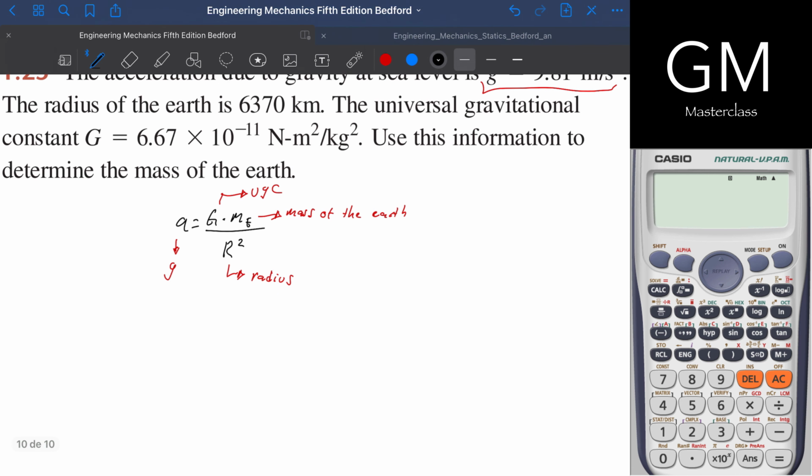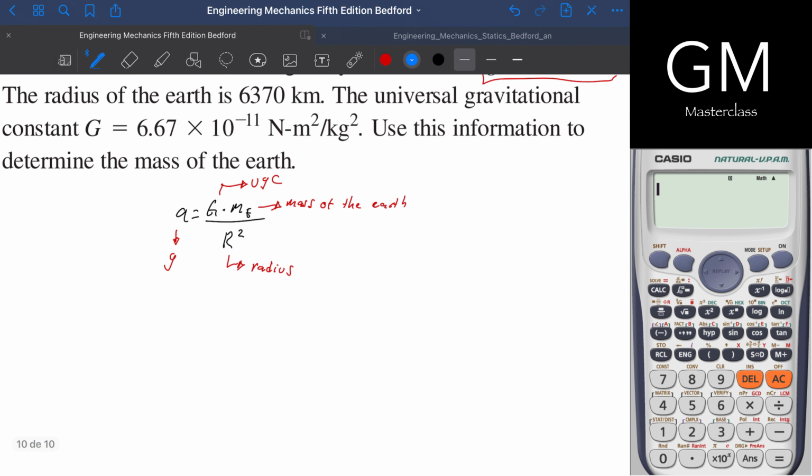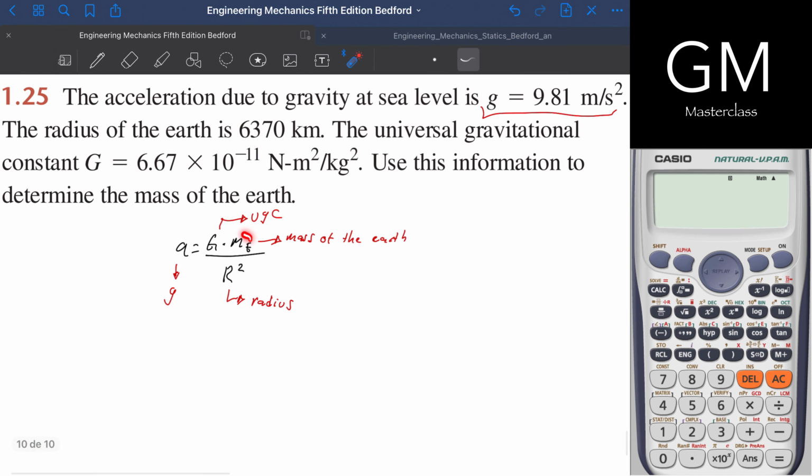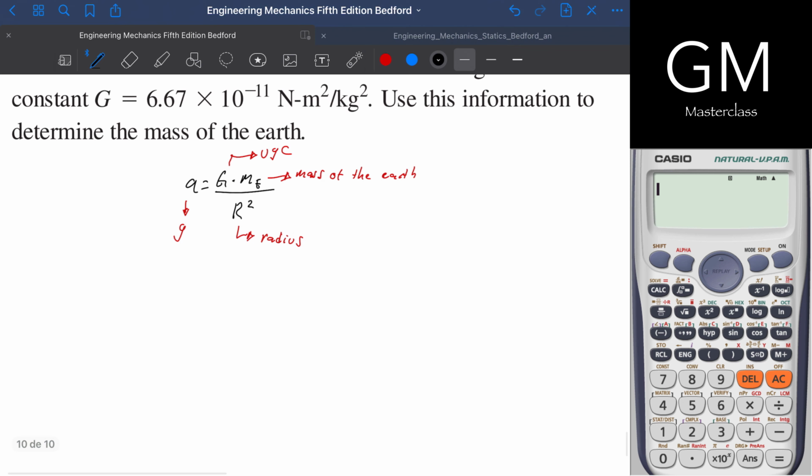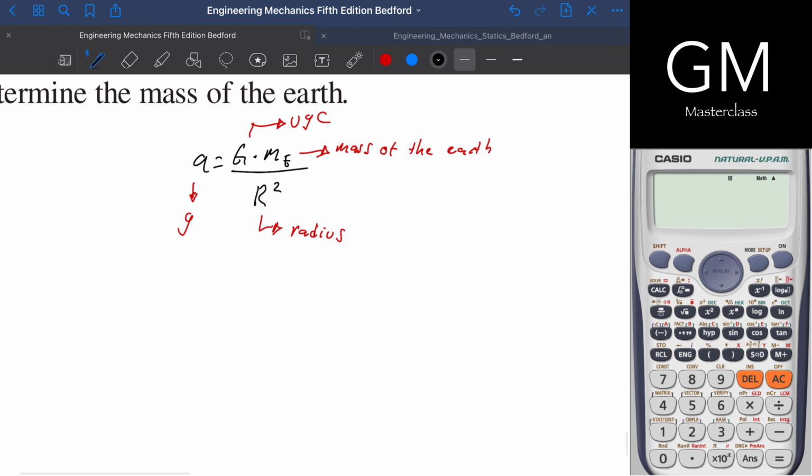So what I have to do here is recognize that I am missing this constant. I got this one, I got this one, and I got this one. So I have to play with this equation and solve it for m(e).